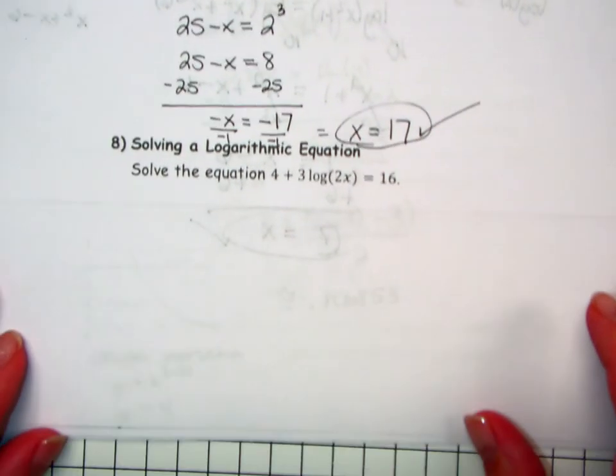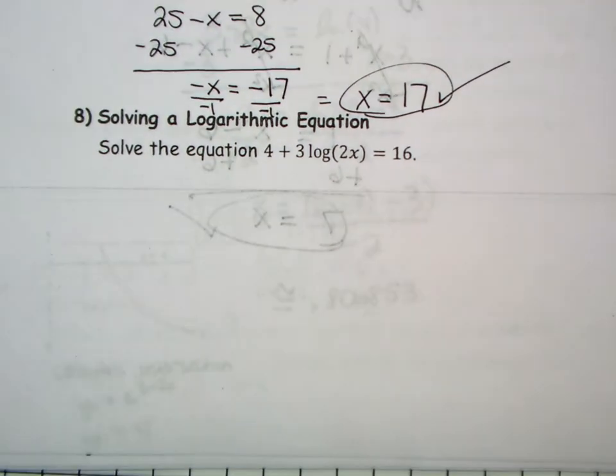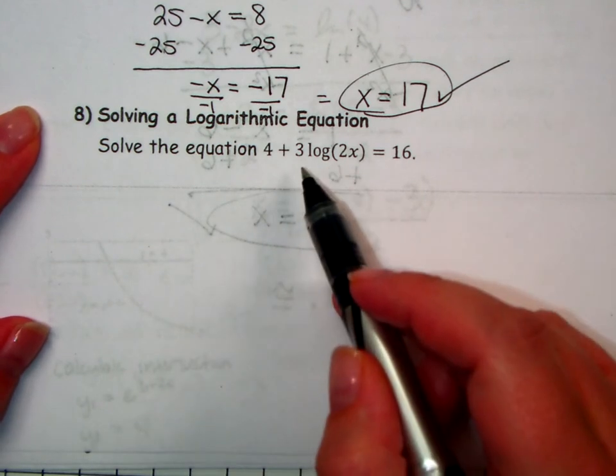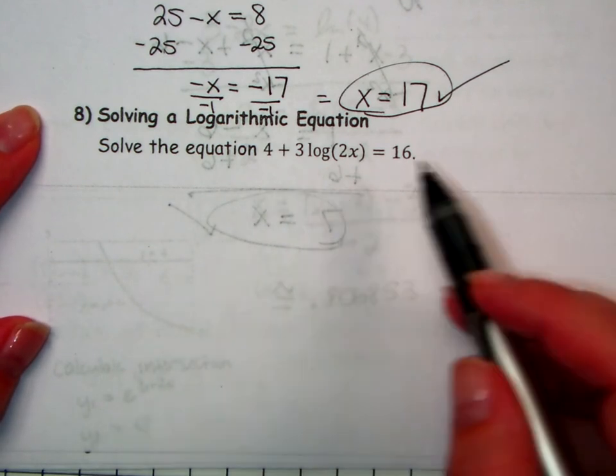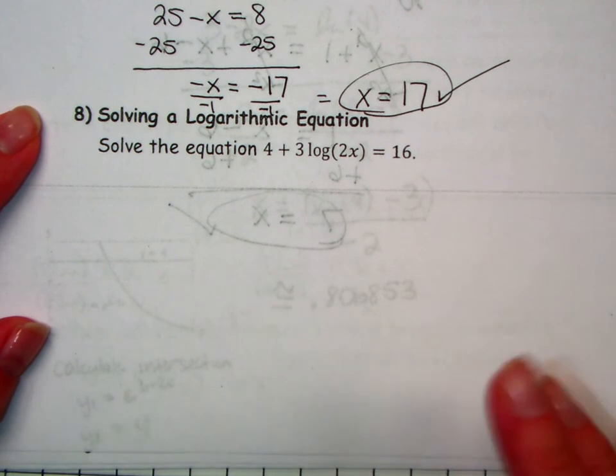So next type here, we have 4 plus 3 log 2x equals 16. We need to condense this as much as possible before we start canceling our logarithm. So I want to get one log equaling a constant, or one log equaling one log, but that's not possible here.